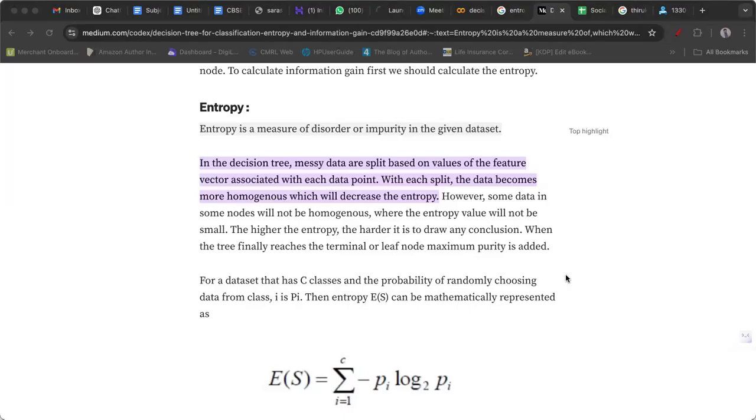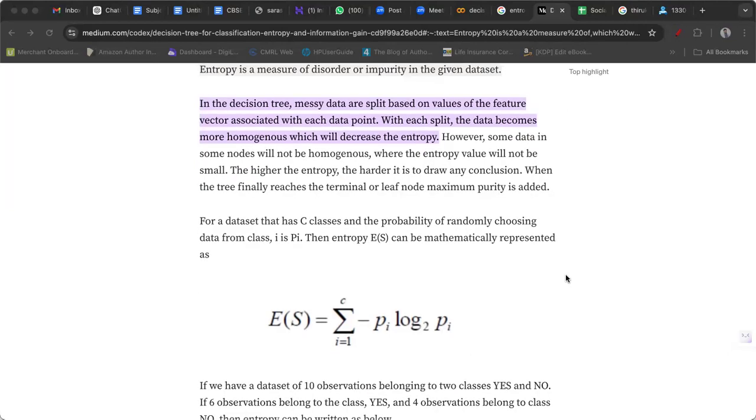That is where the purity is coming from. If the entropy value is very low, then purity is high. If the entropy value is high, then it is cumbersome, or very messy data. You can't filter it out, and you can't come out with the decision points as soon as you read the data, so you have to go to the next step.